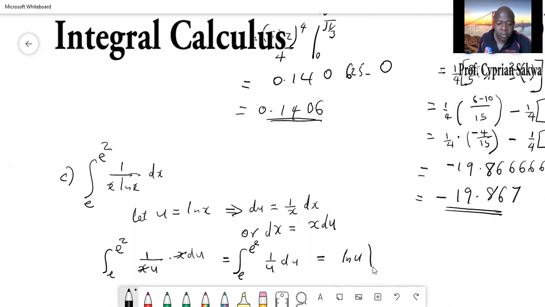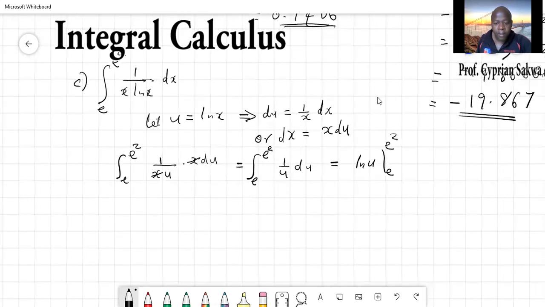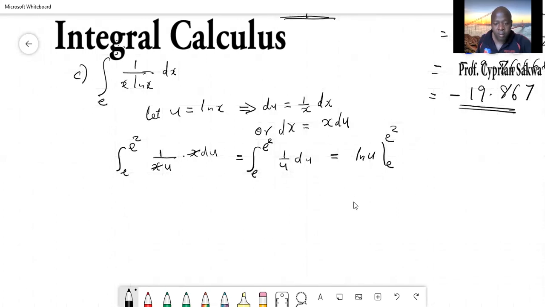Let's just recall that we are doing this from e to e raised to 2. So let's put our limits now. What we have now will be, instead of u, we know that our u was ln of x, from e to e raised to 2.